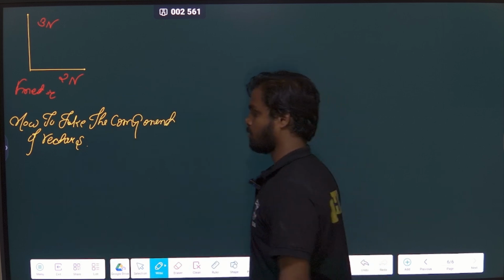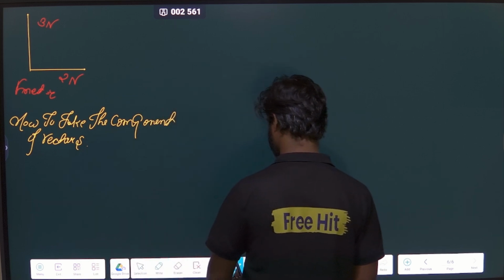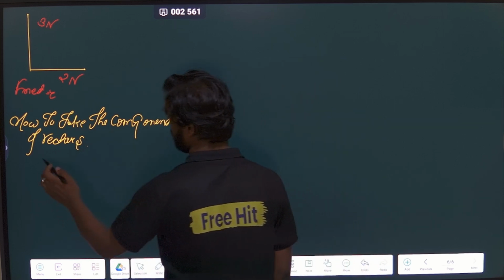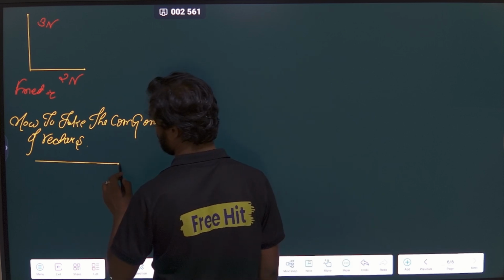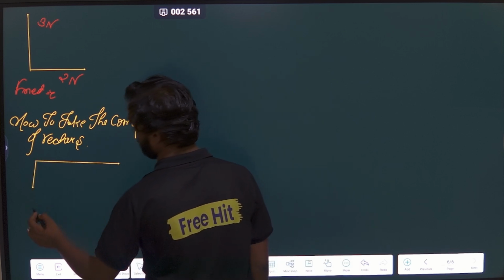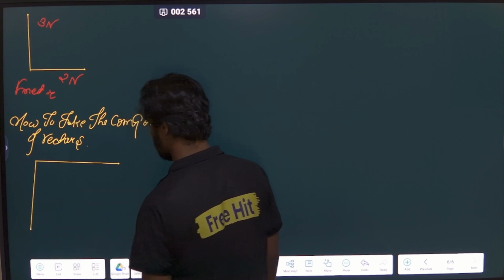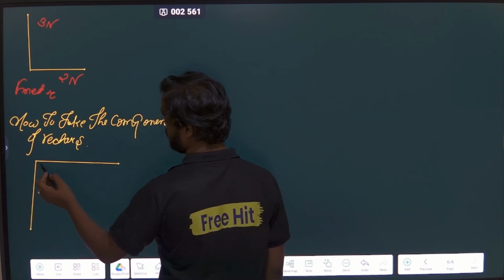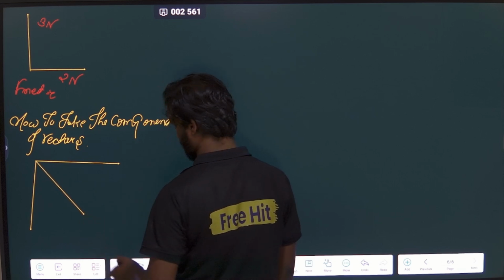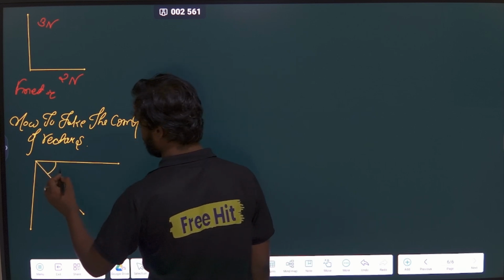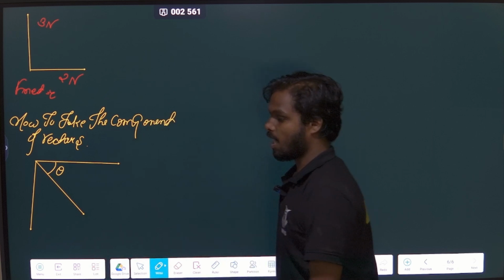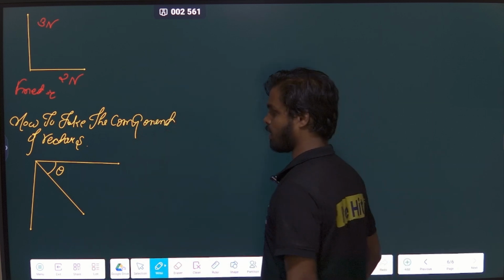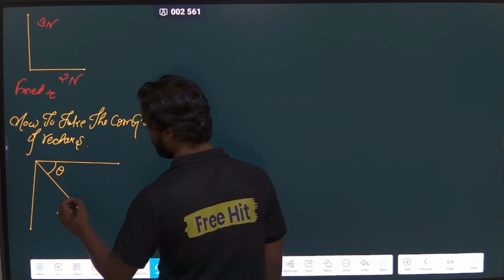Suppose this is my x axis and suppose this is my y axis, negative y obviously, and suppose there is some vector from this point, and this is making an angle theta. I want to find the component on x direction and y, and suppose this is vector A.